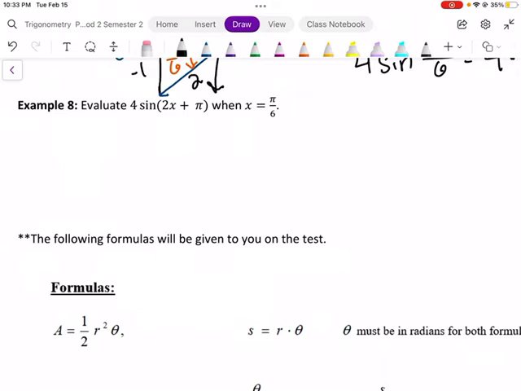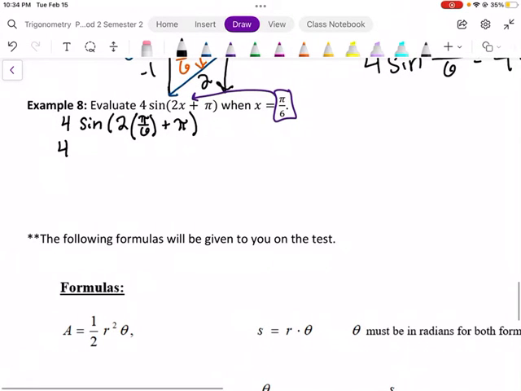Next, we're going to evaluate 4 times the sine of 2x plus pi when x equals pi over 6. To do this, you're first going to substitute this in and then solve for inside the parentheses. Then you can evaluate the trig function. So we have 4 times the sine of 2 times pi over 6 plus pi.